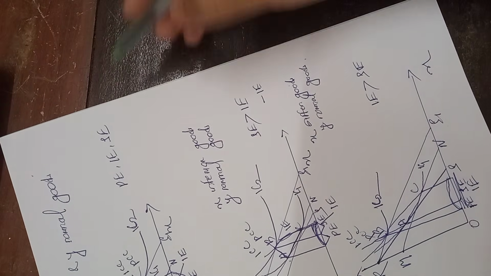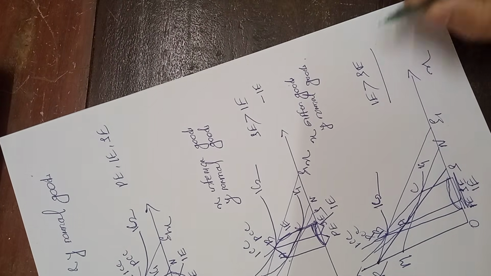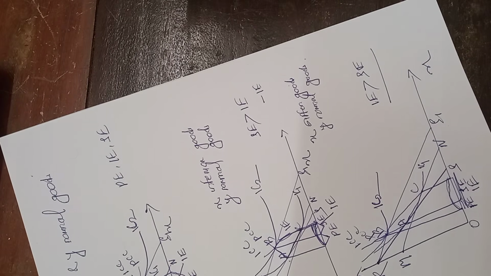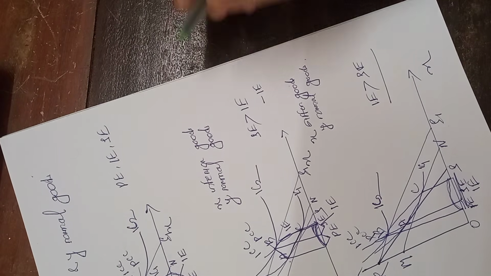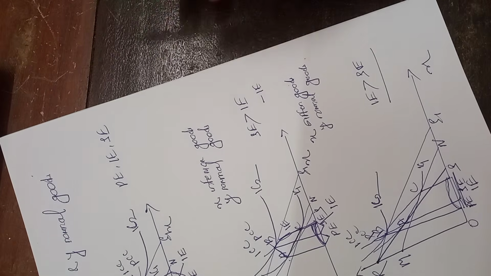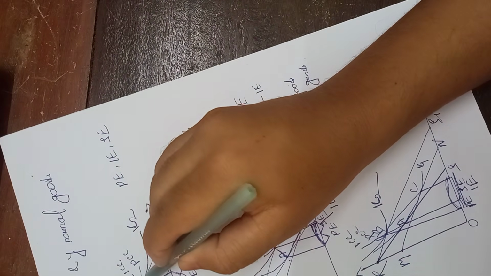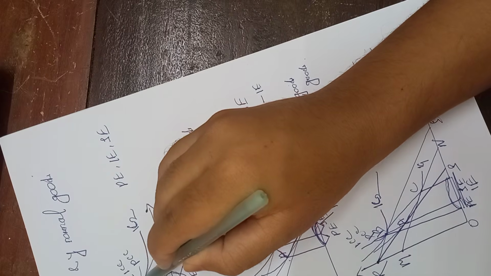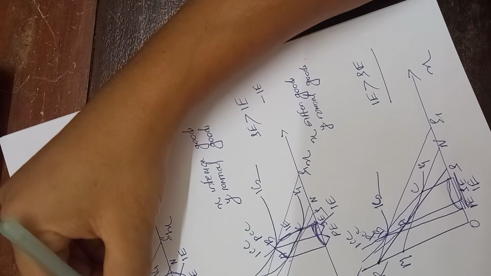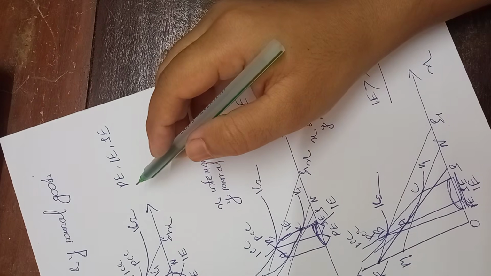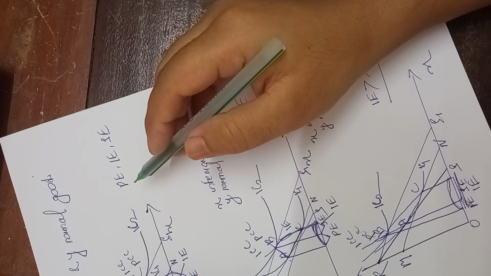And to know when the substitution effect is greater than the income effect and when the substitution effect is less than the income effect, you have to look at a trick. For the normal good case, the new equilibrium point is on the right side of the substitution range.